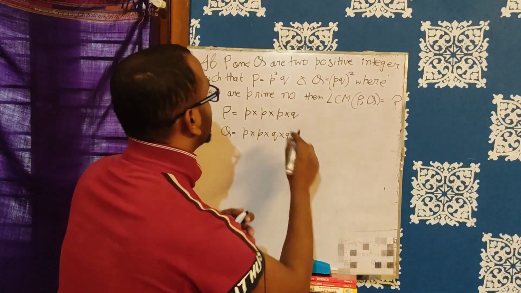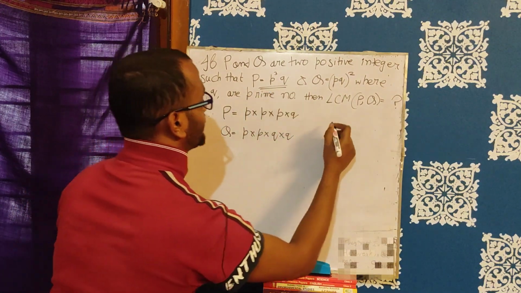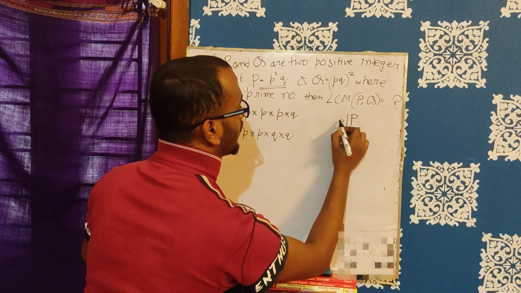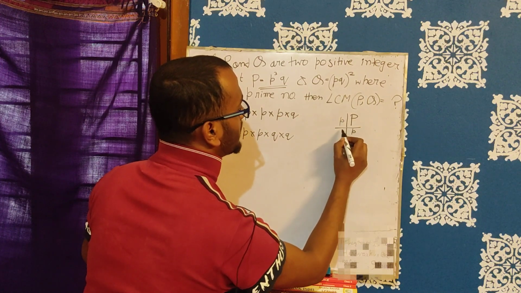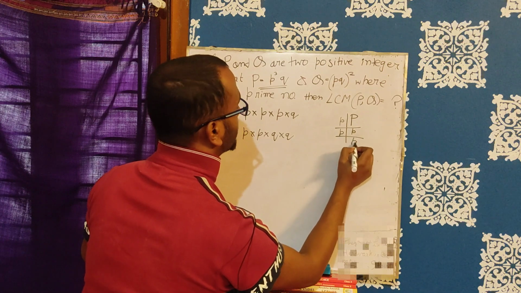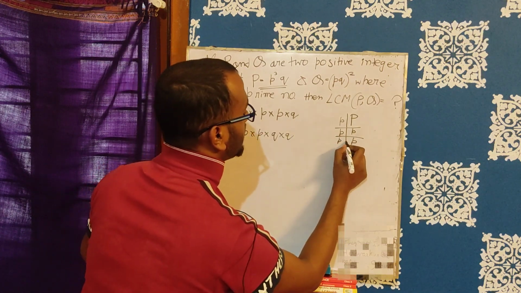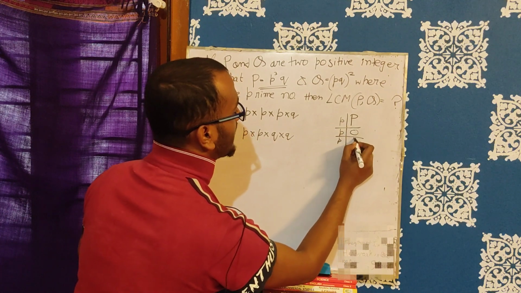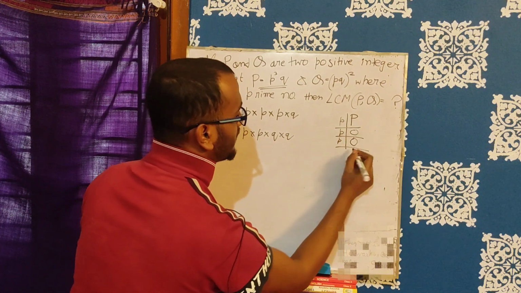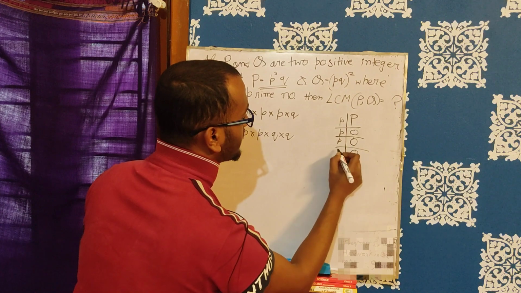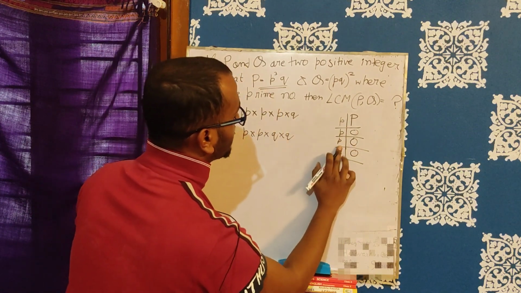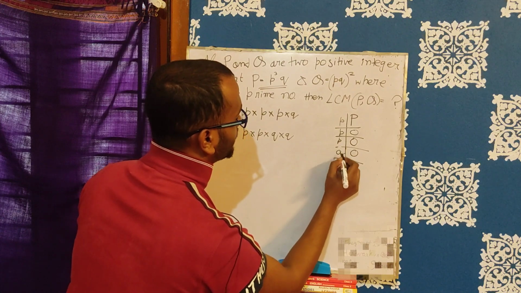As per this given condition, capital P gives small p 3 times, so 1, 2, 3 times, then small q.